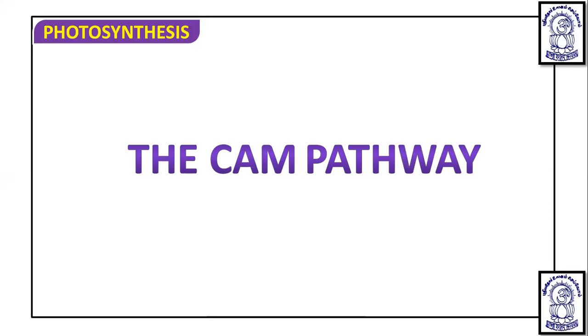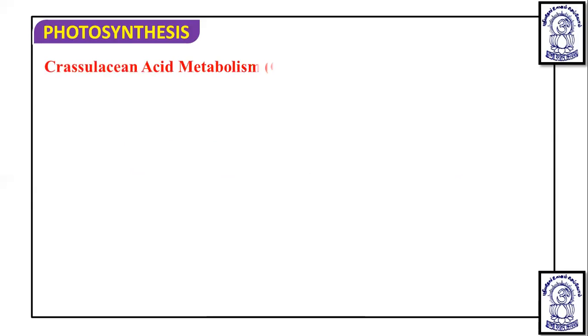Okay. How it is similar, we will discuss here one by one. So, the CAM pathway. CAM stands for crassulacean acid metabolism. The term is given because this pathway was discovered in the Crassulaceae family. Because of this, we call it crassulacean acid metabolism.